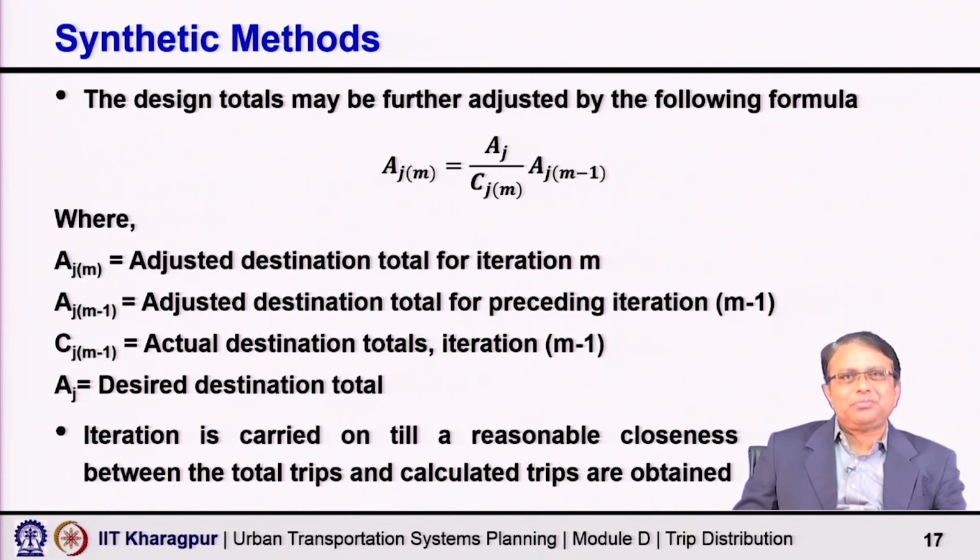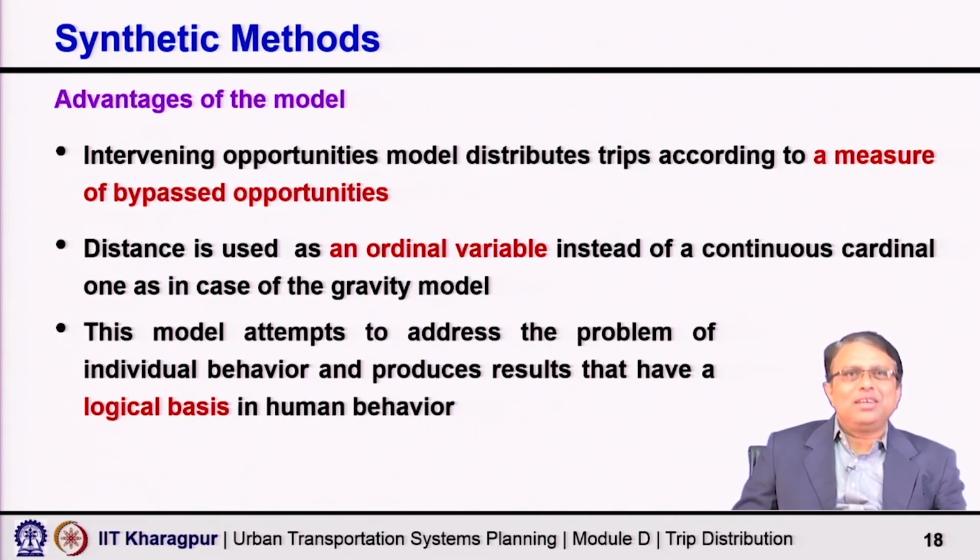And with this, I would say some of the advantages, as you know, the intervening opportunity model distributes trips according to the measure of bypassed opportunities, or considers the intervening opportunities.